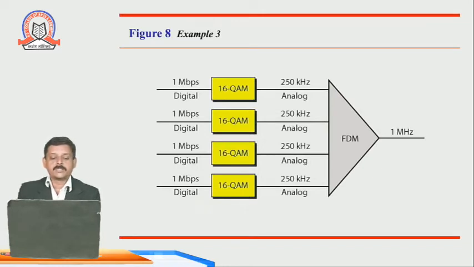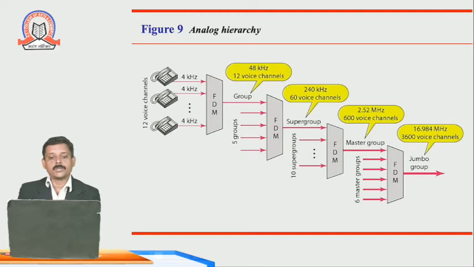So let's consider this example. We have 1 Mbps digital data transmission and 64 QAM, and we are transmitting this analog signal through that particular channel and frequency division multiplexing this signal, and it has been transferred to a common link or a common channel with a frequency of 1 megahertz. As you can see, 12 different channels are clubbed together, and FDM combines that data and transfers it from one node to another, or one server to another.